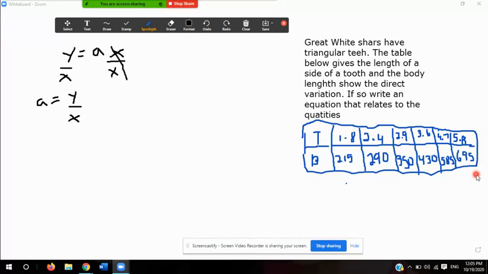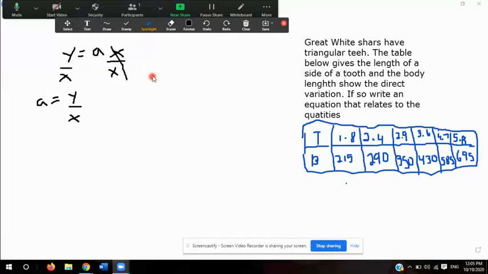So there is a relation. And as you can observe, according to the table, the longer the body length, the longer the teeth. So apparently there is a direct variation. There is a relationship between the length of the body and the length of the teeth, but we want to know if it's a direct variation. In that case, we divide.